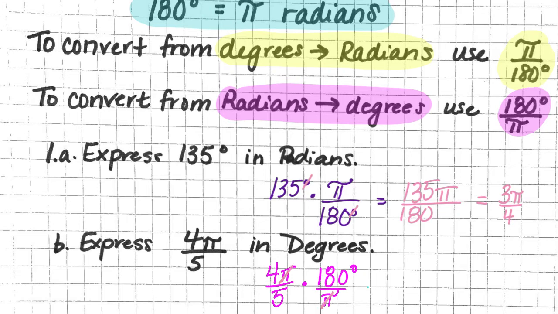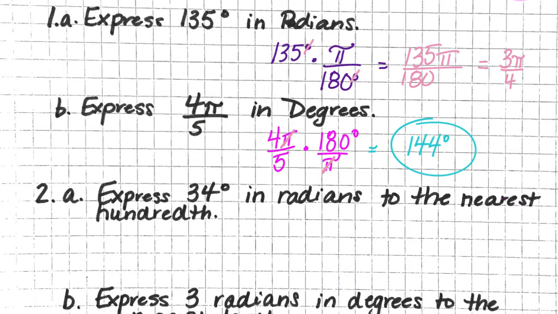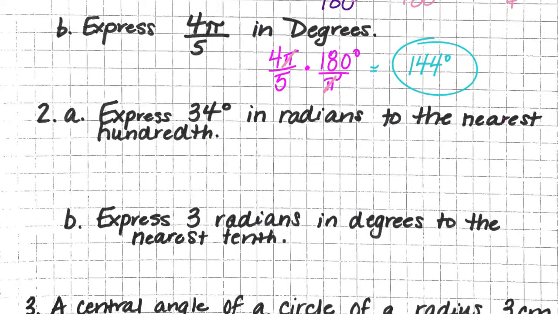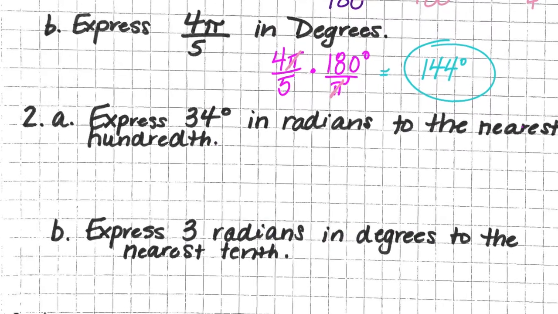And again, I get 4 times 180. And I'm going to push equals here, and then I'm going to divide by 5, and I get 144. So that is equal to 144 degrees.